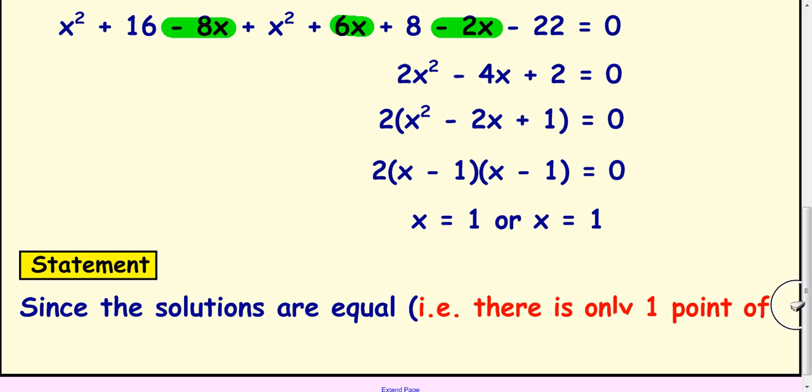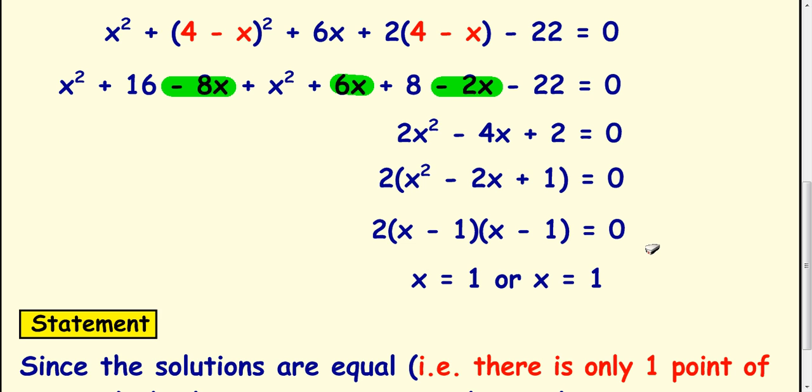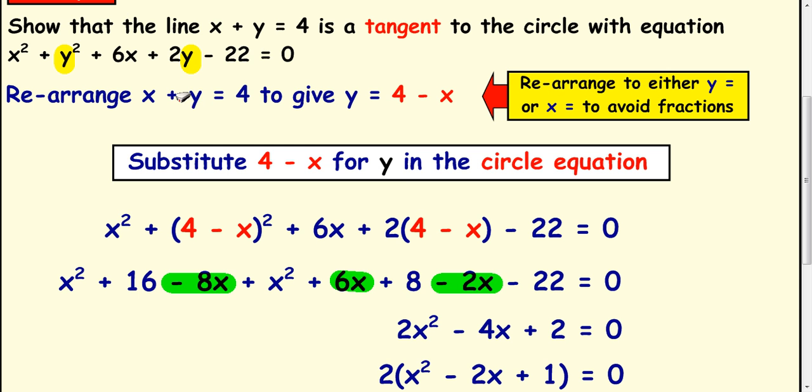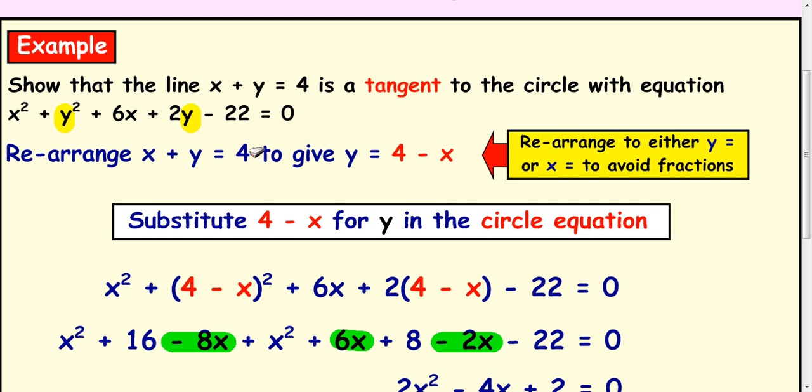So since the solutions are equal, there's only one point of contact, therefore the line is a tangent to the circle. Now to complete the point of contact, you can substitute the 1 back in up here to get your y value. So if x is 1, then y must be 3, and so on.